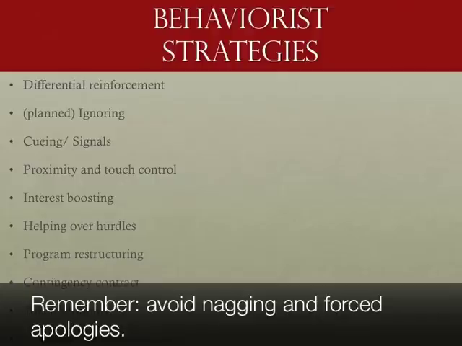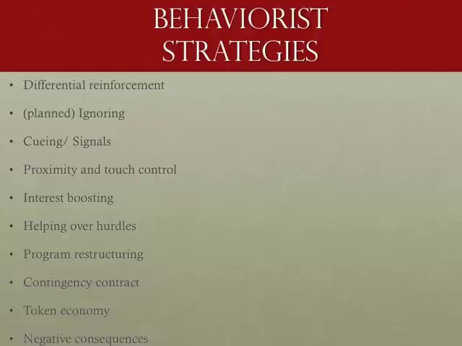So a lot of times with forced apologies, the stimulus is a punishment. You're forcing the student to apologize. But the response is not necessarily that they learn to feel sorry, but they learn to apologize, which are not necessarily the same thing, even though we would like them to be. So forcing that apology makes a student learn that those are different rather than you apologize when you actually feel sorry.